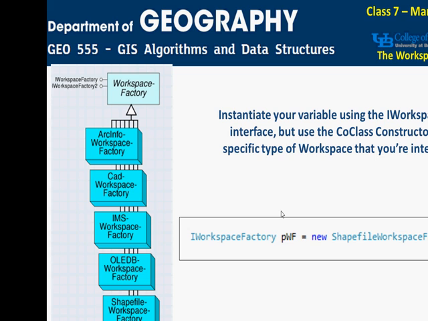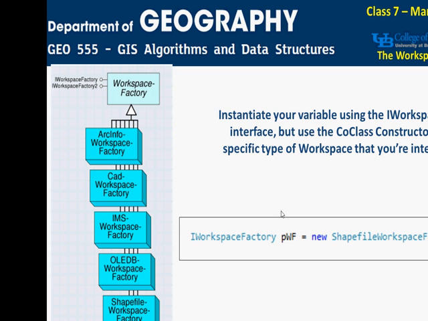The way to tell ArcObjects which type of data you're looking for is through the class that you create the object with.